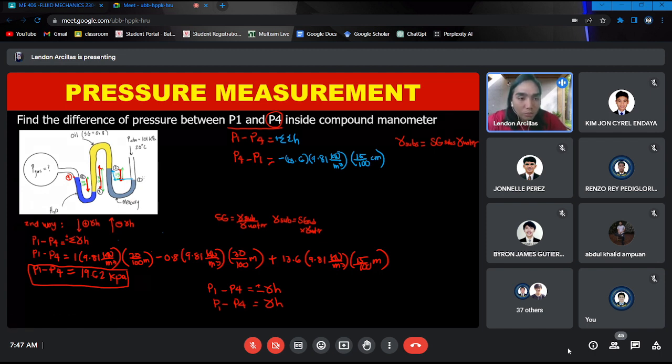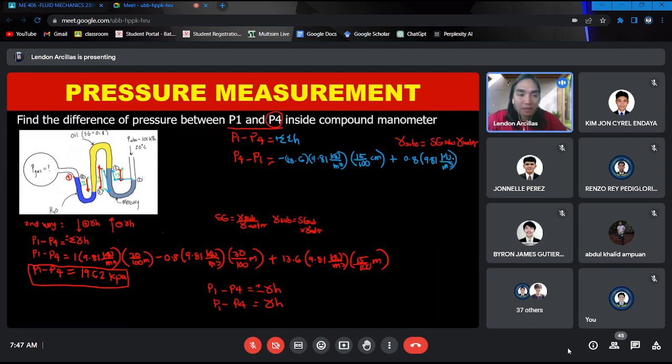Next, from pressure 2 to pressure 3 tayo ay bumaba, which is positive kasi tayo ay pababa, which ang ating liquid is oil. So, SG ng oil is 0.8 times specific weight ng water, 9.81.